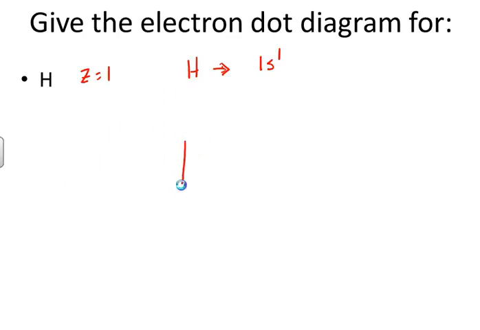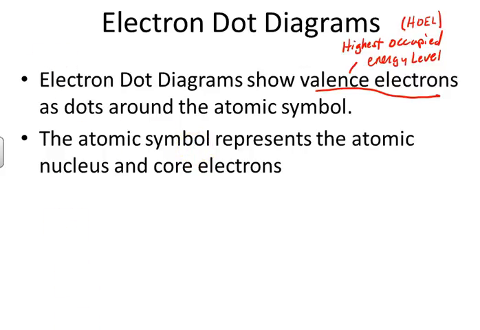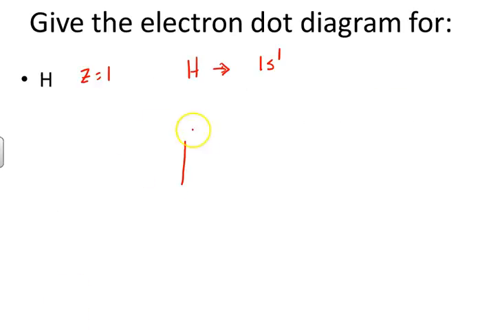We then take the symbol for hydrogen, that represents the nucleus of hydrogen, and we have 1 dot. I'm going to place the 1 dot above the symbol for hydrogen. In general, if we have a symbol, we're going to put s electrons on the top, p electrons around the sides. So we only have 1 s electron, 1 dot on top.